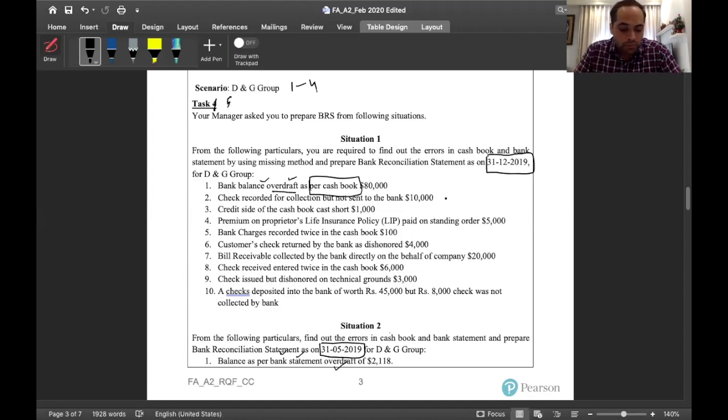But remember, if any of these transactions, let's say we have 10 transactions, do not affect your cash account, you don't have to record them there. A transaction may be recorded in your bank reconciliation statement, but that doesn't mean it will be recorded in your cash account. So be careful and make sure you don't make a mistake.